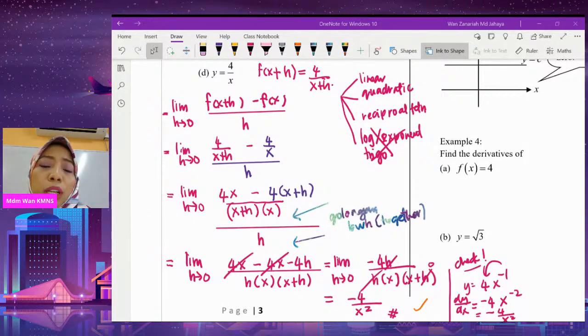Please write down what you learned today, the learning outcome. You must be able to do it. I am not going to repeat this anymore because it's quite easy actually.